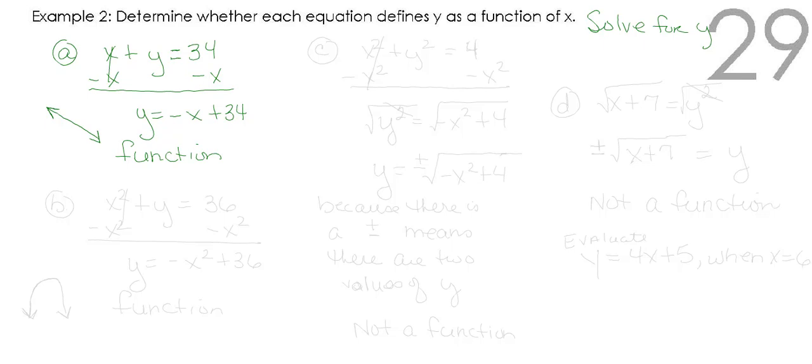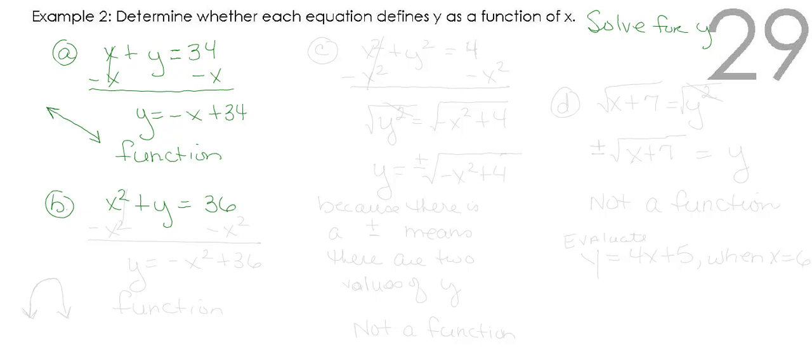Let's look at B. X squared plus y is equal to 36. What type of equation is this when you have an x squared? Do we remember? A parabola, a quadratic equation. Okay?